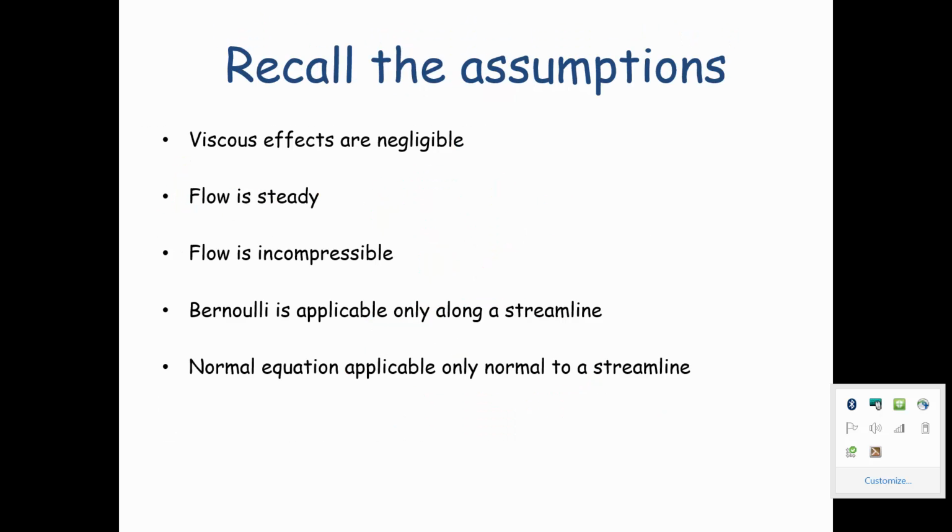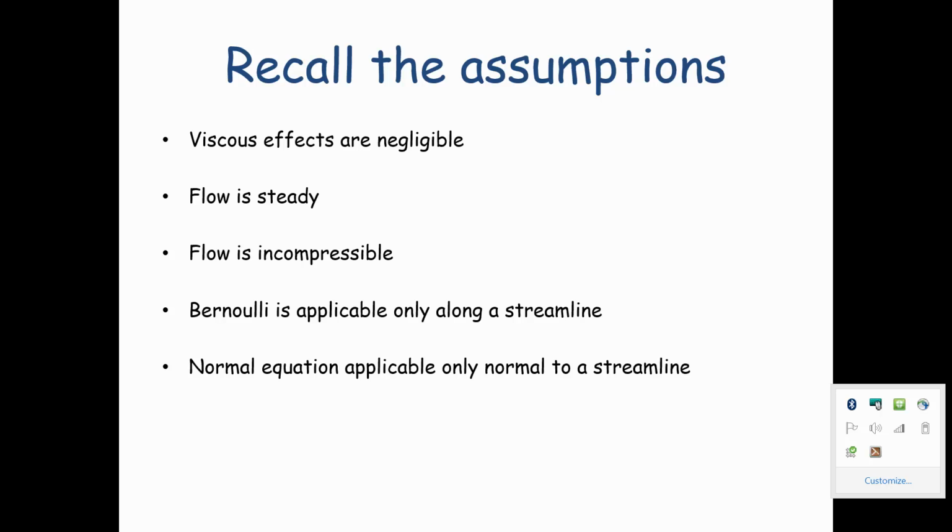So the assumptions for the Bernoulli equation, just to review those, we assume that viscous effects are negligible. Flow is steady state, that is, the fluid is moving relative to its container, so we don't have hydrostatic conditions. But things do not change as a function of time. They only change maybe as a function of location. The fluid is assumed to be incompressible, that is, that the density is a constant.